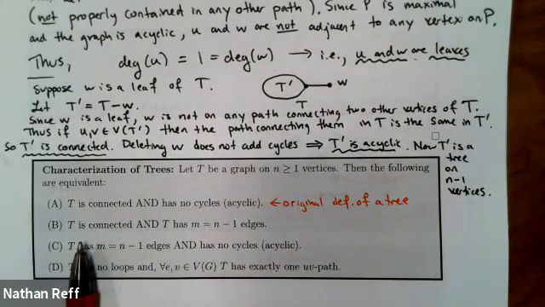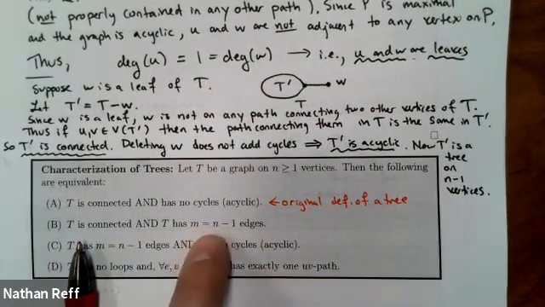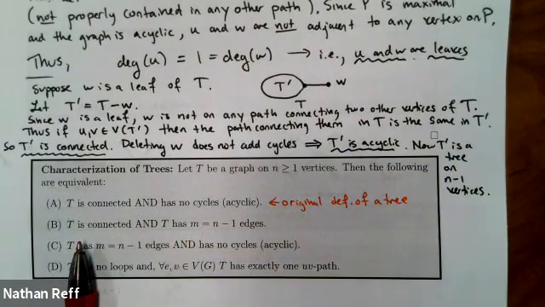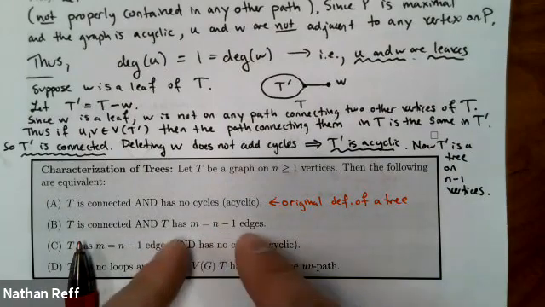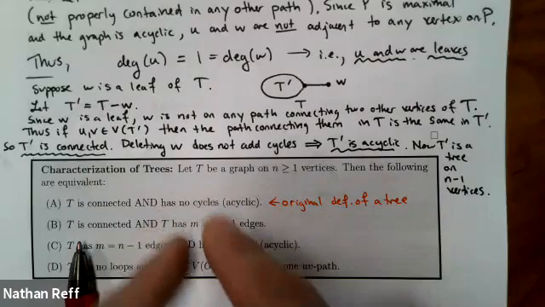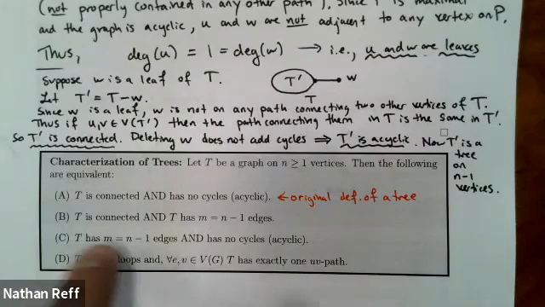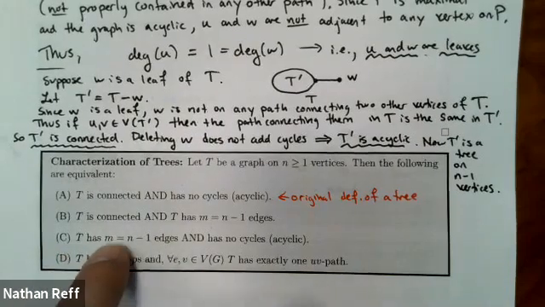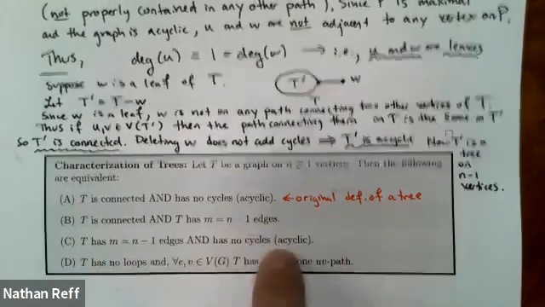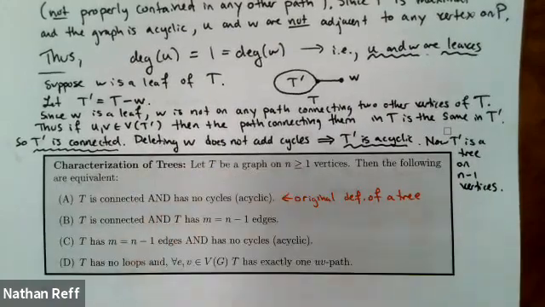B is saying, as soon as you know that you're connected and you know the number of edges is just n minus 1, then that's a tree, okay? So in other words, knowing this to get A kind of implies the acyclic condition. So we'll talk about this. C is saying if you have the number of edges is n minus 1 and is acyclic, then that's equivalent, okay?